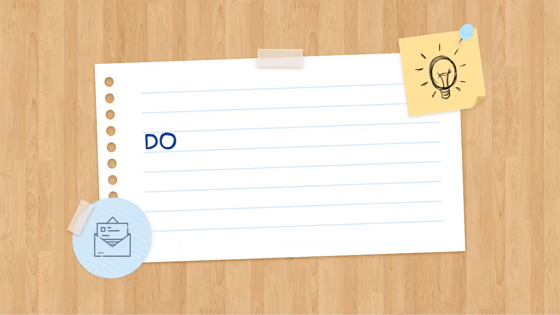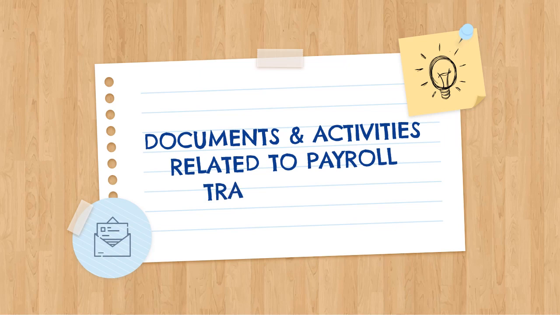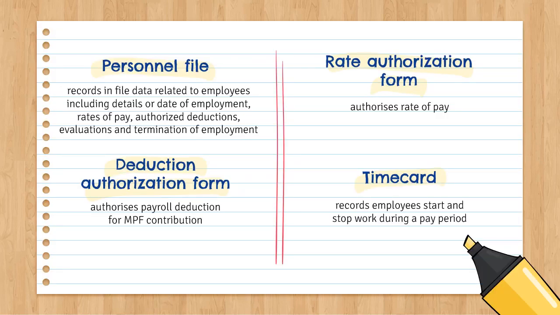Next are documents and records related to payroll processing. For your information, there are 10 documents and activities related to payroll transactions. So, the first document that I will explain is the personnel file. Let me explain to you what a personnel file is.